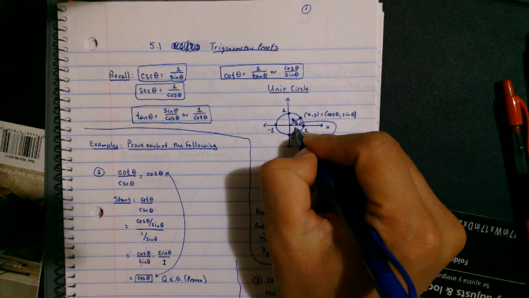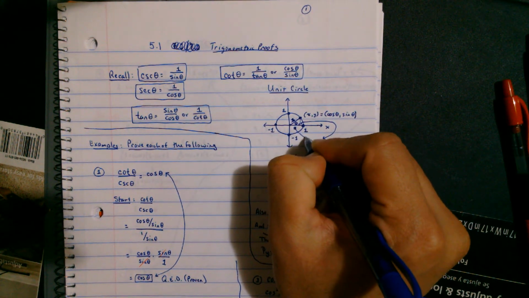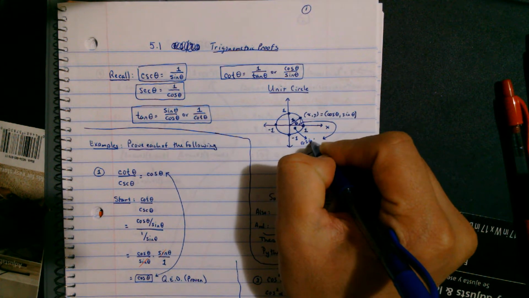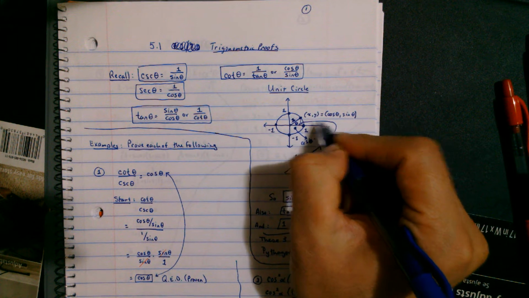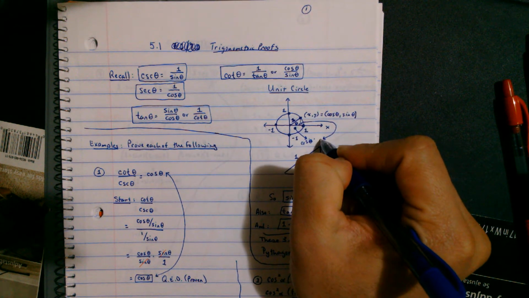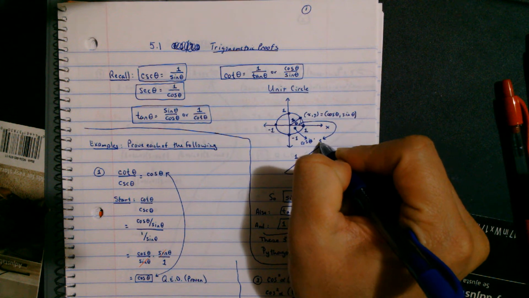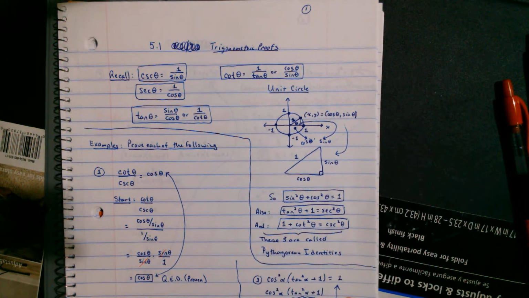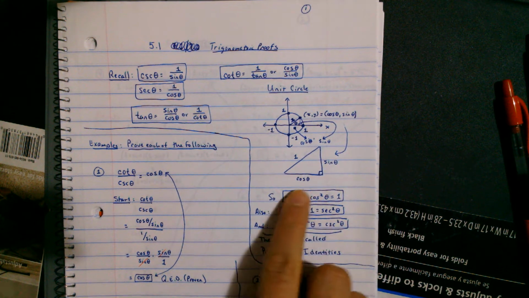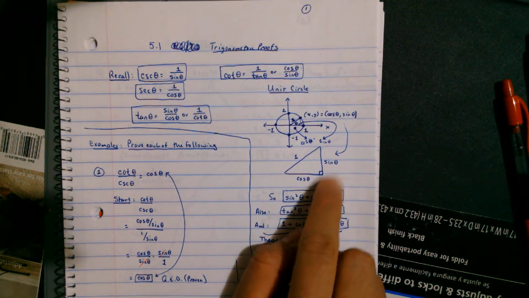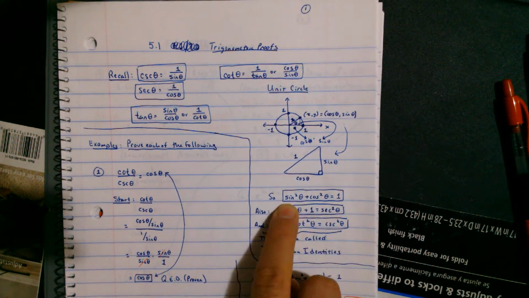Now, the x is cosine theta, and the y is sine theta, which gives you that triangle. So cosine squared plus sine squared equals 1, or sine squared plus cosine squared equals 1.